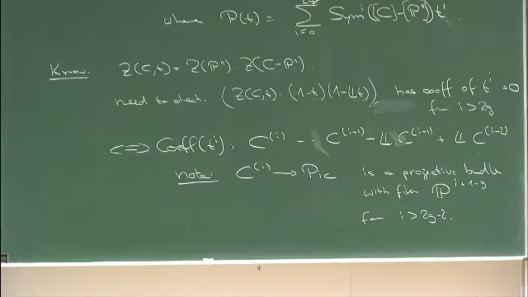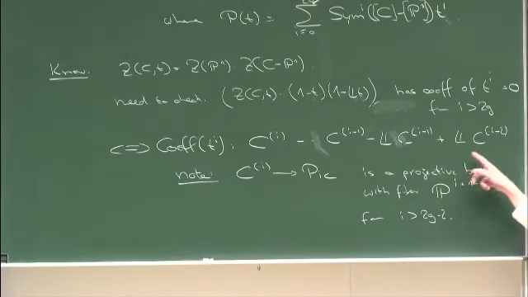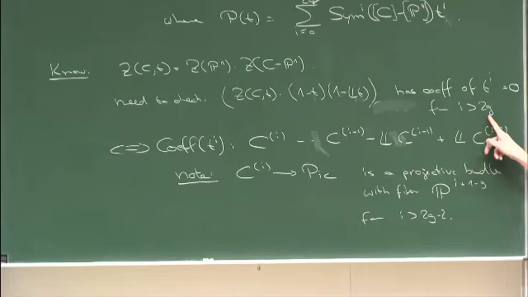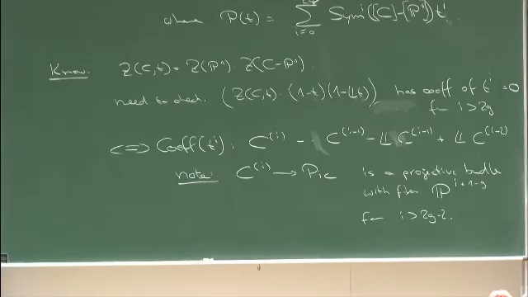As we saw yesterday in Gabriel's talk, and we know this from a long time. Then you fill this in here. Because i is bigger than 2g, we can apply this remark to all these four terms. And then you see you get 0.